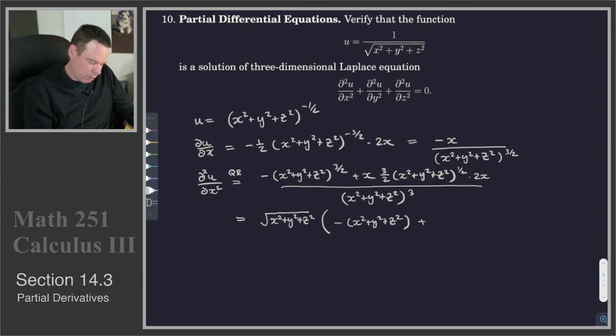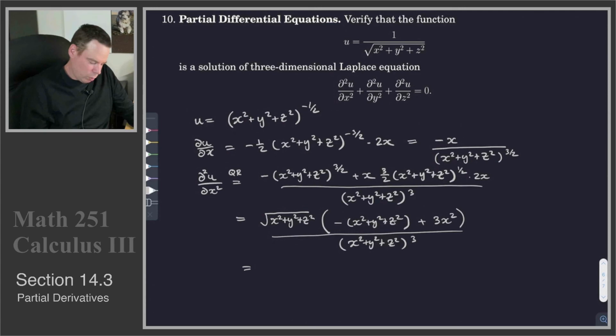And then we've got our 3/2 times 2x times x, so that becomes a 3x squared, and then I've pulled out the (x squared plus y squared plus z squared) to the 1/2 all the way out front. So I'm just doing a little bit of simplification to the numerator. (x squared plus y squared plus z squared) cubed.